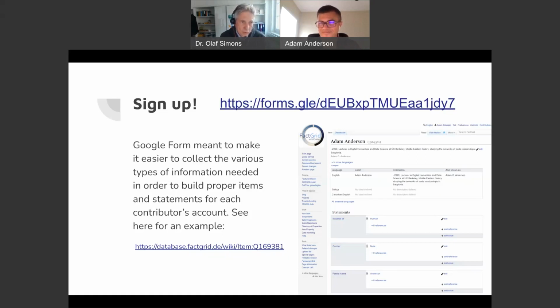The cool side is that if you put the information into FactGrid, we can actually have one reading for all the information you have. Scholars working in a completely different field will realize that they can get the information from your database, and that's a fantastic thing.